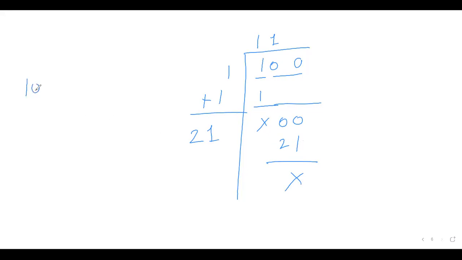See, 100 is not a perfect square number and I want the least three-digit number. So I have to add 21. So if I add 21 to it, then it becomes a perfect square, and it is the least three-digit number which is a perfect square.